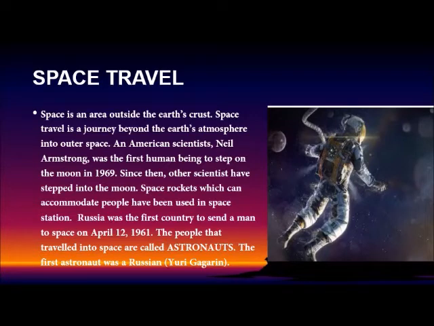Space rockets, which can accommodate people, have been used in space stations. Russia was the first country to send a man to space on April 12, 1961. The people that travel into space are called astronauts. The first astronaut was a Russian, Yuri Gagarin.